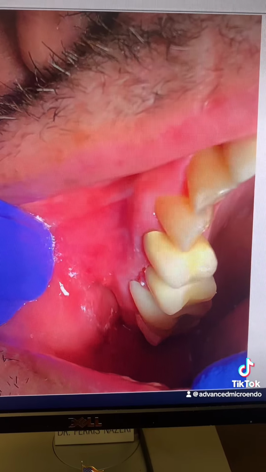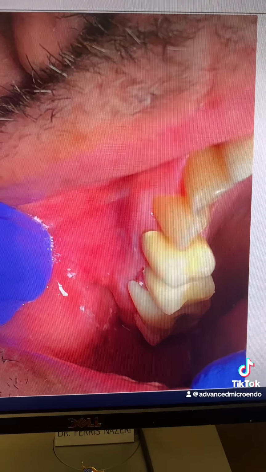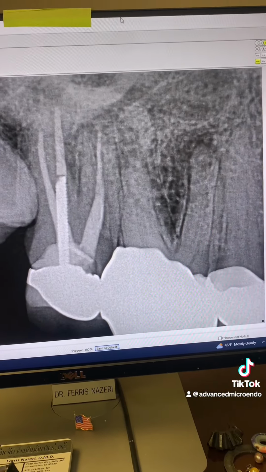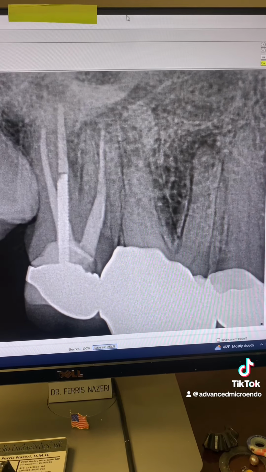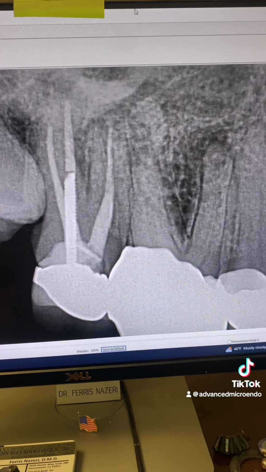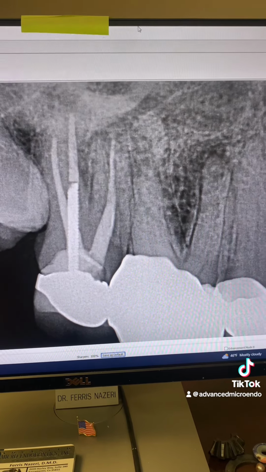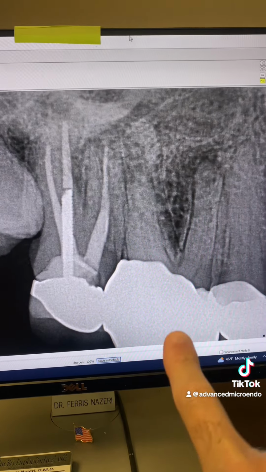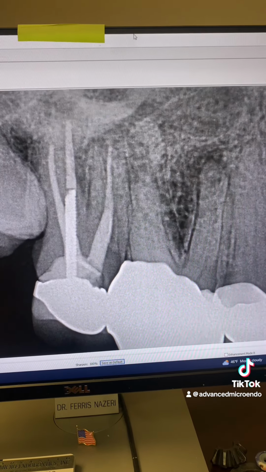The 2 antibiotics that I put them on worked perfectly. Went ahead and talked about his options with him: root canal with guarded prognosis or extraction. And patient wanted to try to save the tooth, and that's what we did. We went through the crown and we did this root canal in one appointment.